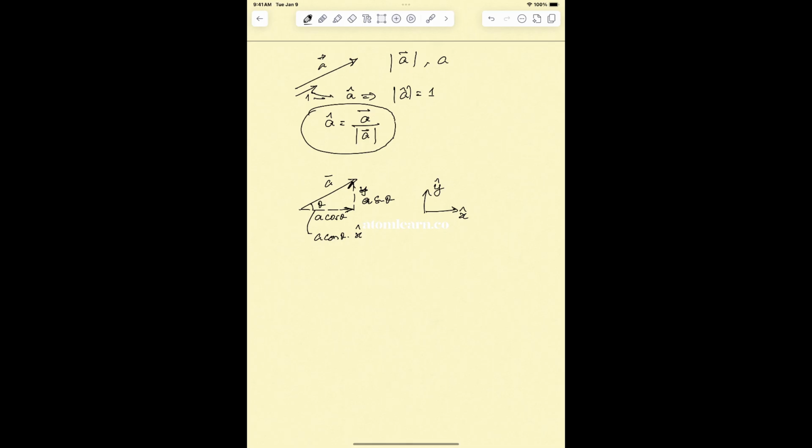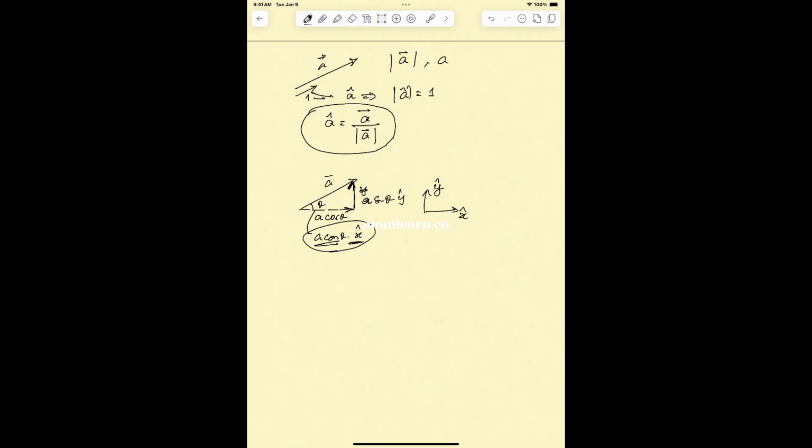Here a cos theta is a scalar, a value, multiplying a vector which is a unit vector. Therefore the value of this vector as a whole is only a cos theta, and the direction is determined by this x cap or x hat, which is along the x direction. Similarly, you could call the perpendicular vector a sin theta y cap.